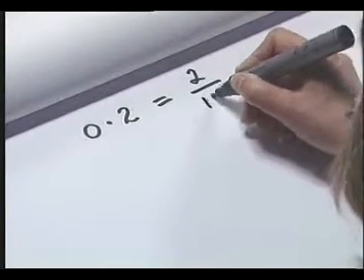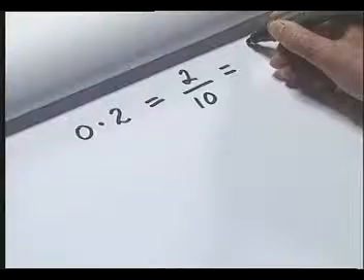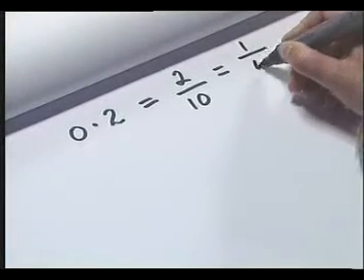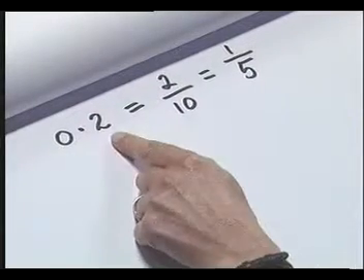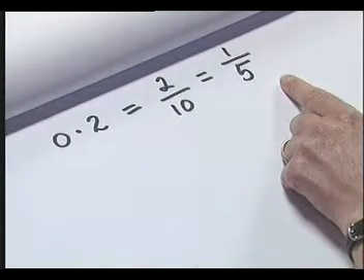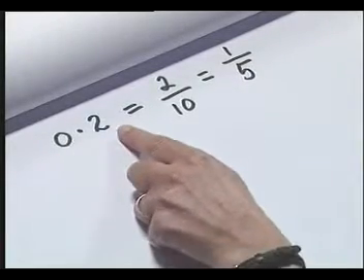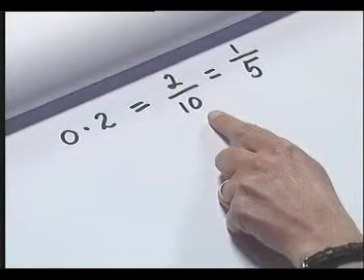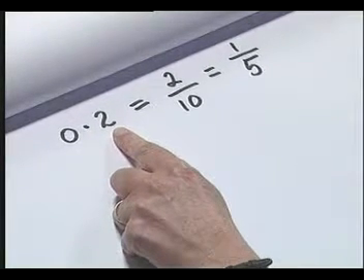So that's exactly the same as 2/10. Now let's just go a stage further with our fraction and put it in its lowest form. So that's exactly the same as 1/5. So 0.2 is 2/10, which is 1/5. So from our place value chart, we can go directly to fractions because we know that this column represents tenths.